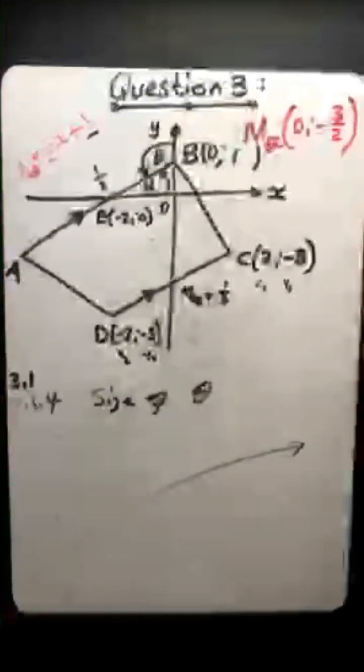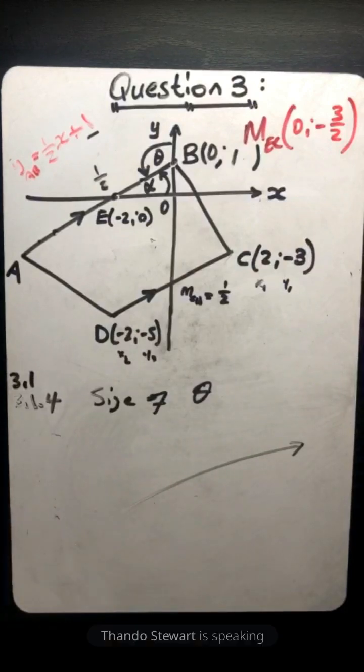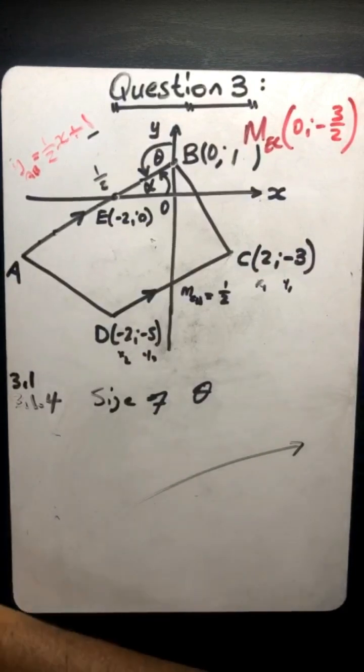So, sir, are we actually looking for the angle of theta? Yes. Okay, I'm trying, I'm not quite sure. Yes, give it a try. So basically, don't we use the intersection of the line and the x-axis?